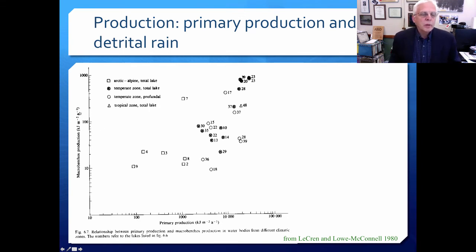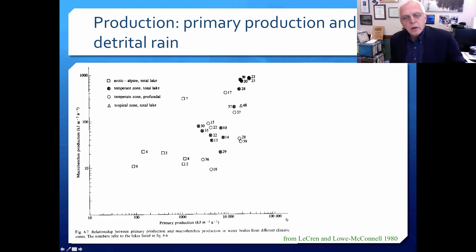Here we have the production of macrobenthos, and here it's measured in kilojoules per square meter per year. So we said before when we talked about primary production that you can measure production in units of carbon and units of energy and so on. In this case, it's units of energy. And this is the primary production rate measured in the same sorts of units.